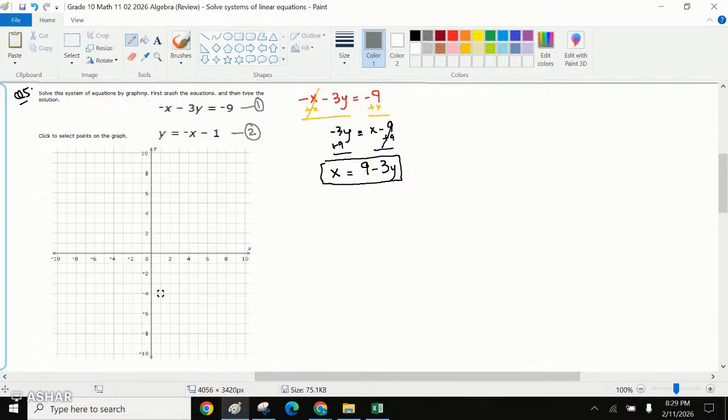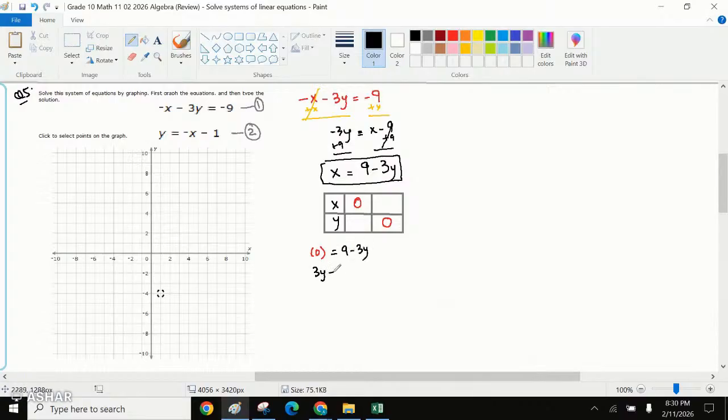We can suppose a set of values for x and y. One time we would take x as 0, one time we would take y as 0. Agreed? So once we take x as 0, it becomes 0 equals 9 minus 3y.